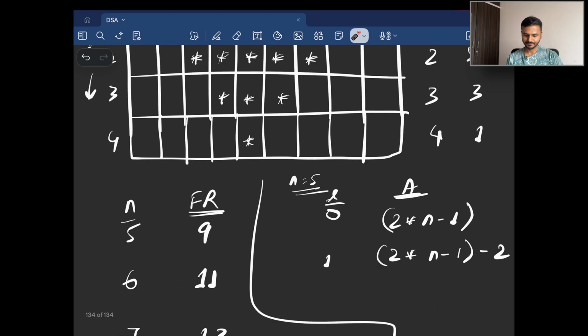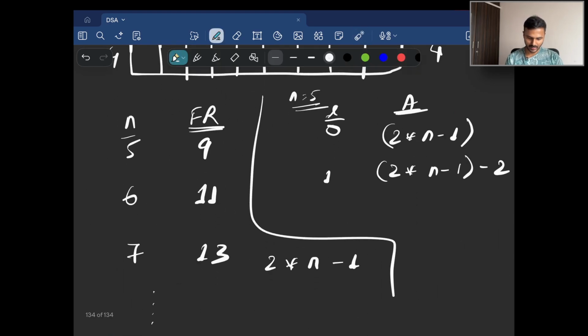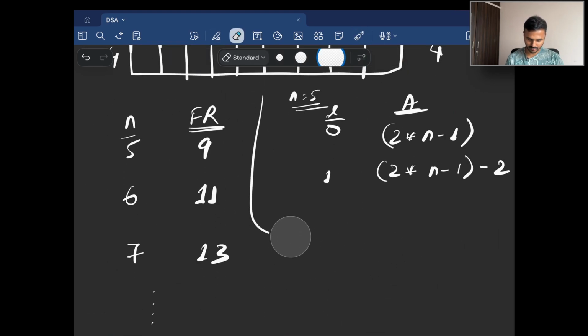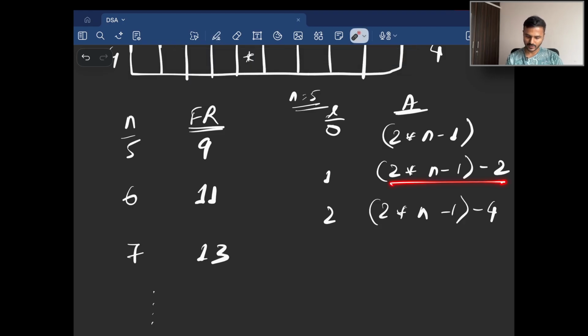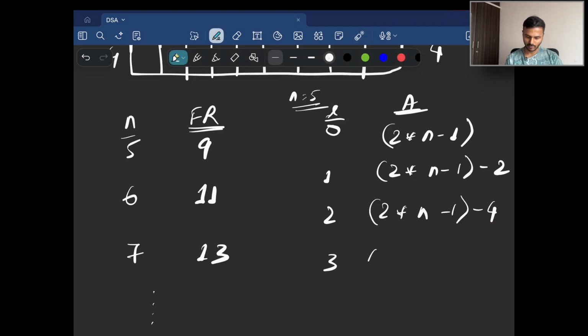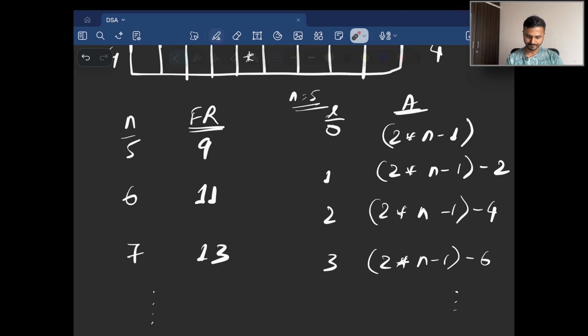in the current row. Then if we continue this, and let me remove this entirely. So for 2, this would be 2 multiplied by n minus 1 minus 4, right? Why? Because this is minus 2, and then minus 2 would give us minus 4. Similarly, if we go further, we would get 2 multiplied by n minus 1 minus 6, and so on, right?